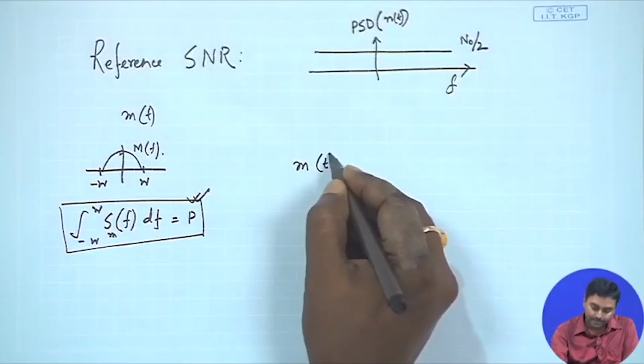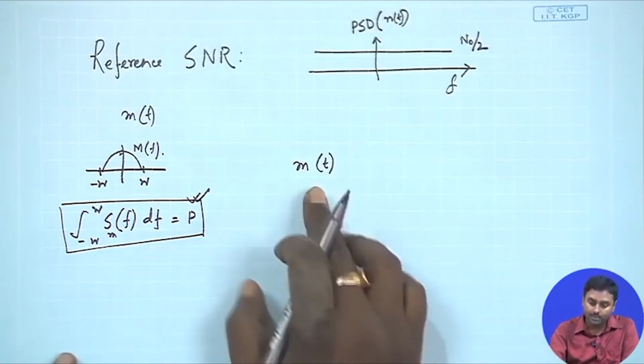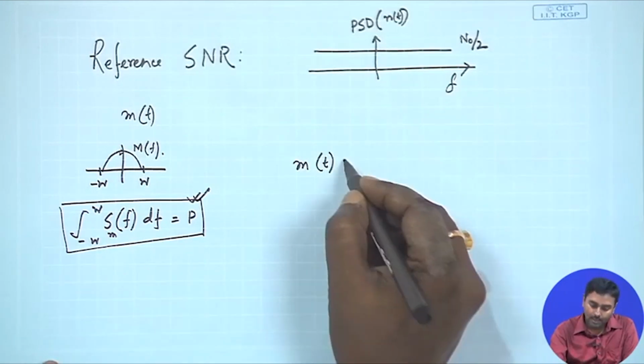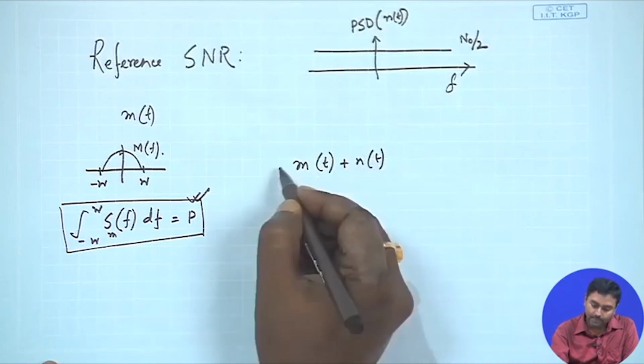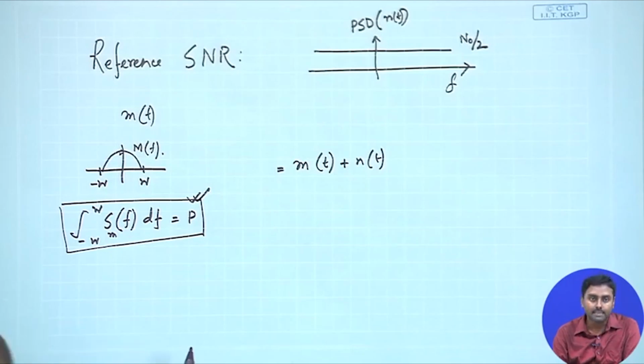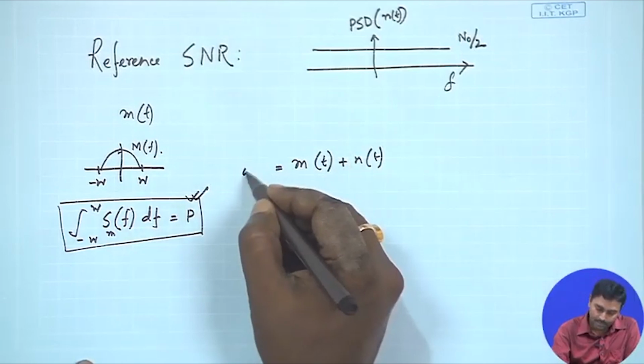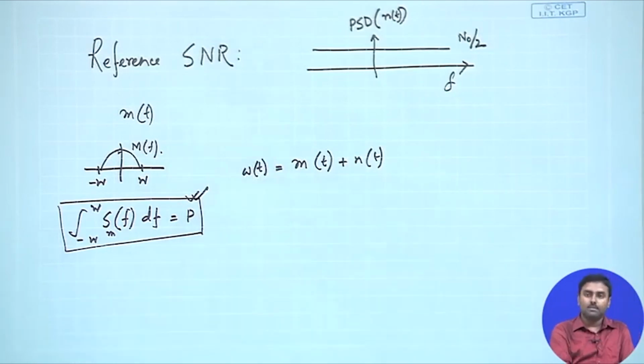So, if I transmit this m(t), because we have no attenuation, m(t) will be intact at the receiver plus the noise signal n(t) will be added. Let us call the received signal w(t). This is what will be received by the receiver.